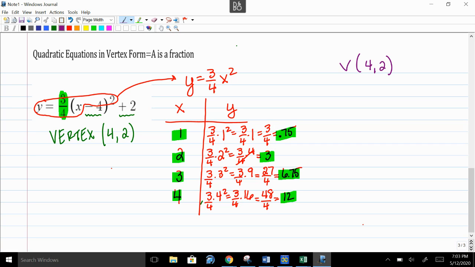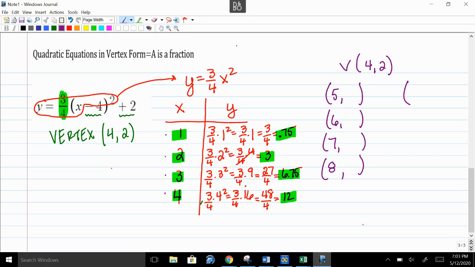Your x's are easy. They're going to go up 1 and then up 2, up 3, up 4. So basically your x values are going to increase by 1 on one side. So you're going to have 5 comma, we'll figure out the y. It's going to go up again, 6, 7, and 8. So they're going up by 1 on the other side. And then on the other side, they're going down by 1.